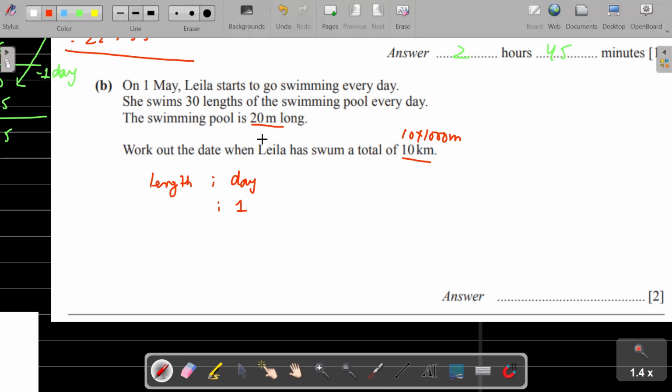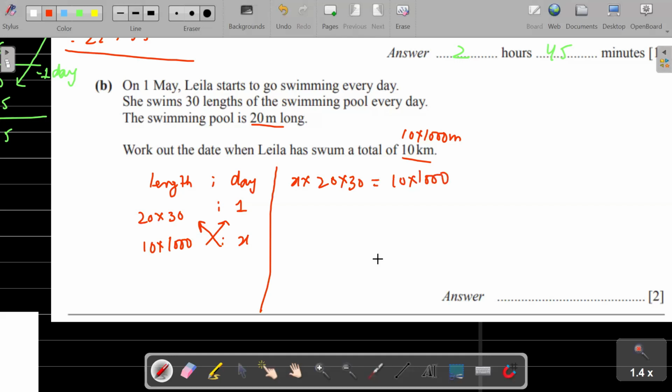It says that in 1 day, how much does she swim? She swims 20 meters times 30 laps. After that, she has to swim 10 kilometers, so the length should be 10 times 1000, and we need to figure out how many days she will take. So x times 20 times 30 equals 10 times 1000, and x equals 10,000 over 600.